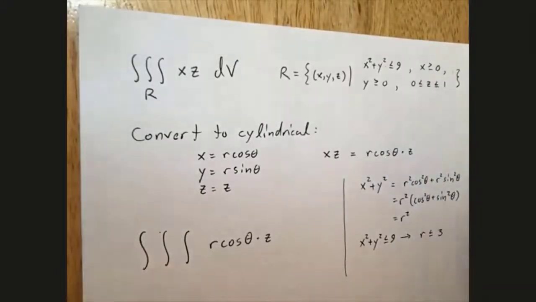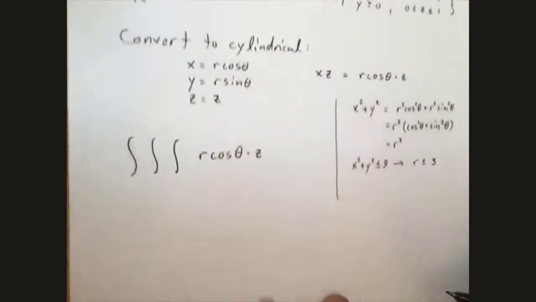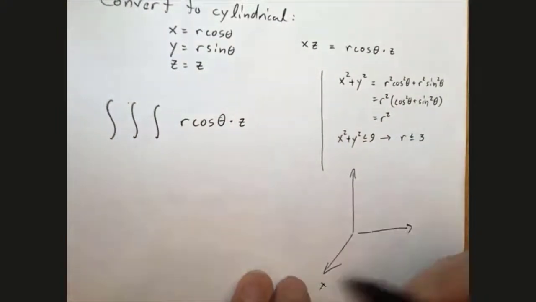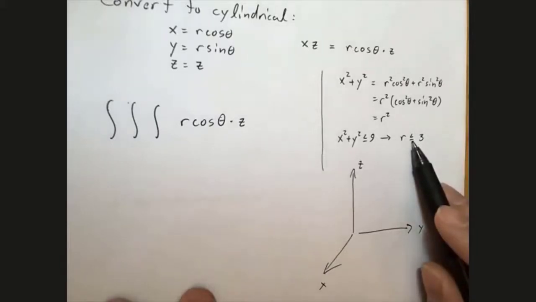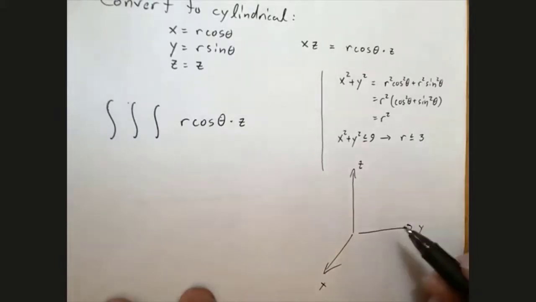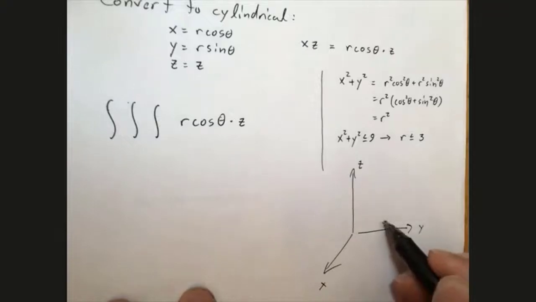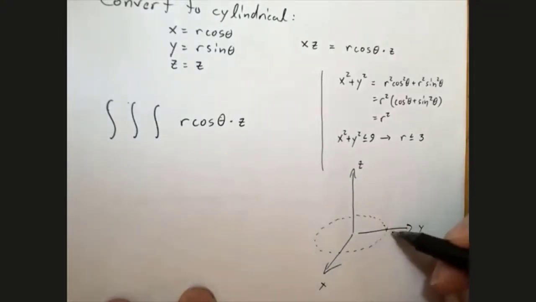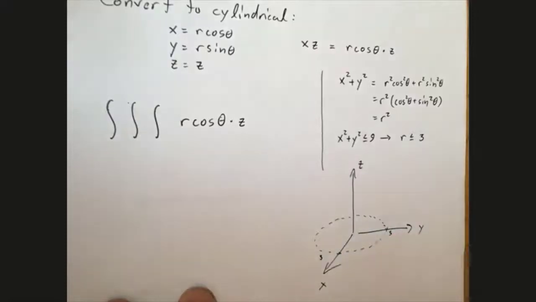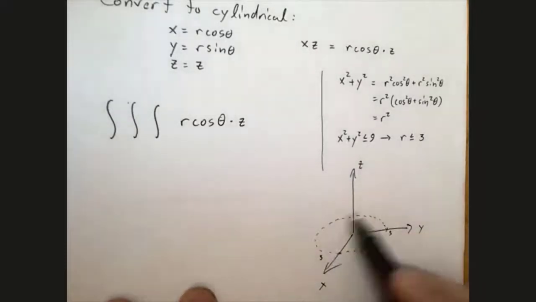Let's draw the picture of what we're looking at here. X, y, z. Okay. R is less than or equal to 3. So we're inside, let me draw in a dashed line, the circle of radius 3. All right. We're inside this circle.